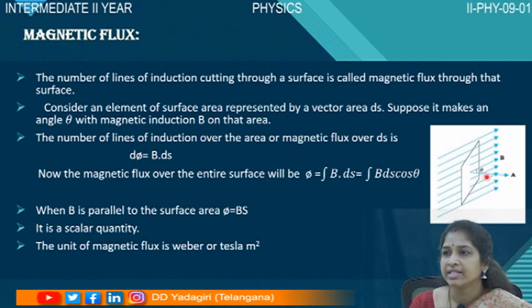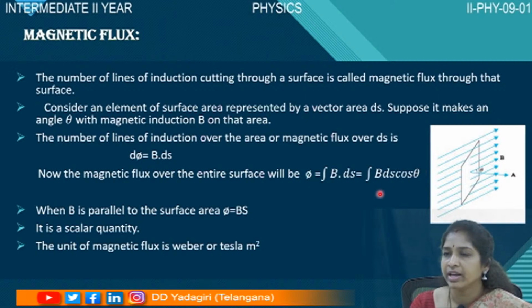If theta is 90 degrees, if the plane of the area is in such a way that the normal drawn to the area is perpendicular to the direction of the magnetic field, then the magnetic flux is integration of B ds cos 90. Cos 90 is 0. So the flux is 0.